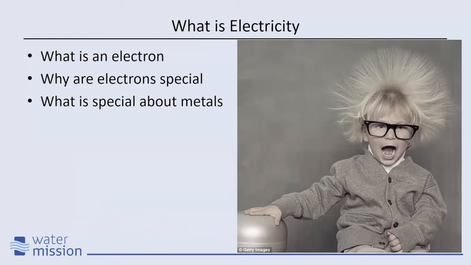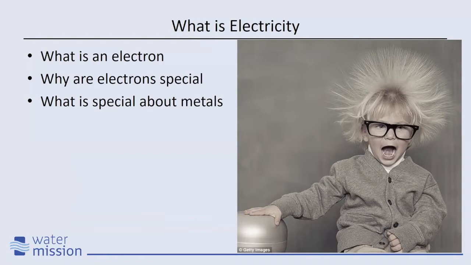All right, we've got a photo of a cute little kid right here. Can anybody tell me what's going on? Why is his hair standing up on edge? Well, if we look down at the lower left corner of this photo, you see this metal ball. That is called a Van de Graaff generator.